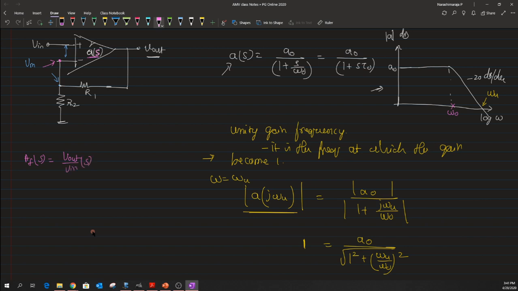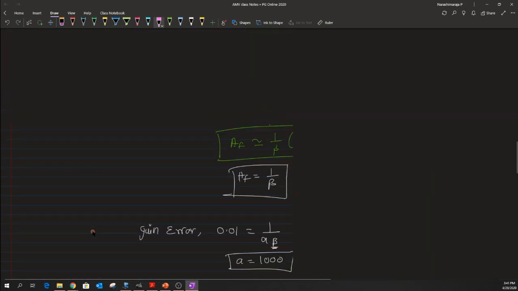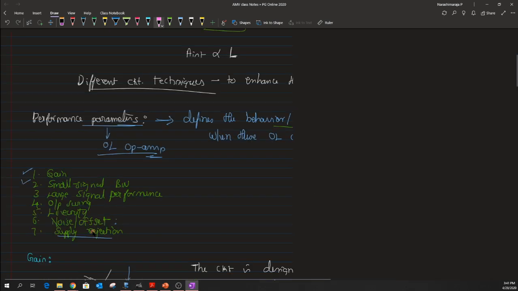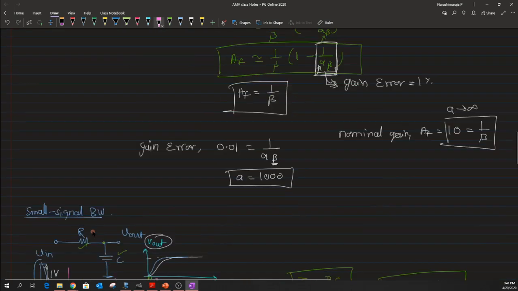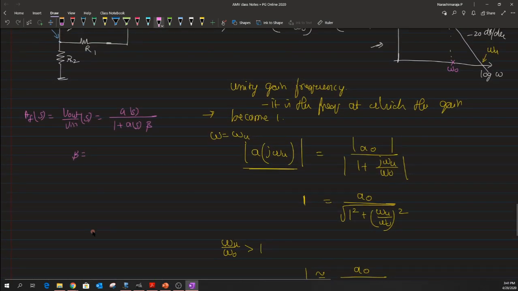So it can be simply written as A of s divided by 1 plus A of s into beta, and we know the value of beta from the previous discussion. The factor beta that we have evaluated is equal to R2 divided by R1 plus R2.